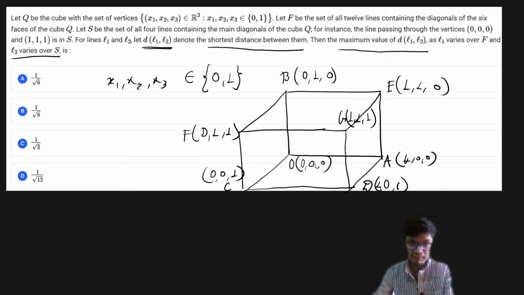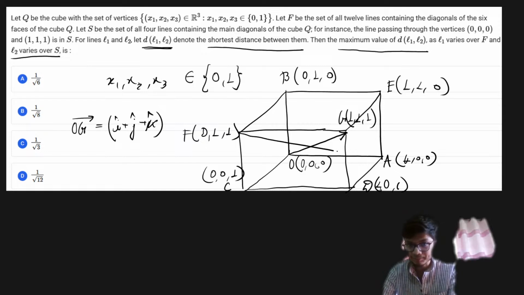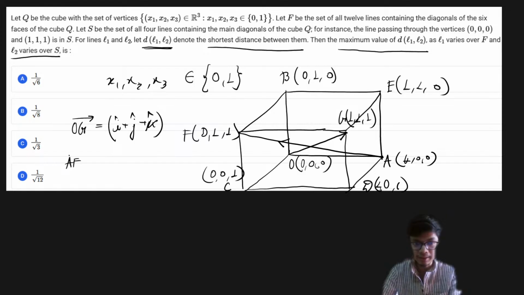So now once I have this cube, if I look at the diagonal of this cube, the diagonal OG will have the vector i cap plus j cap plus k cap as its direction ratio, right? Similarly, if I look at the other diagonal AF, it will have the direction ratios minus i cap plus j cap plus k cap.